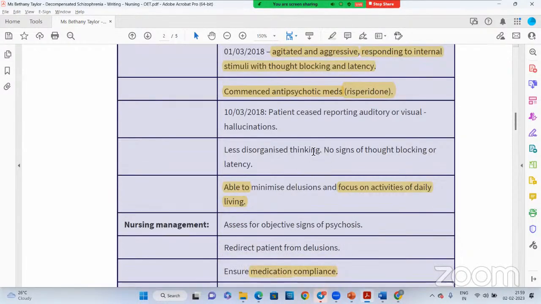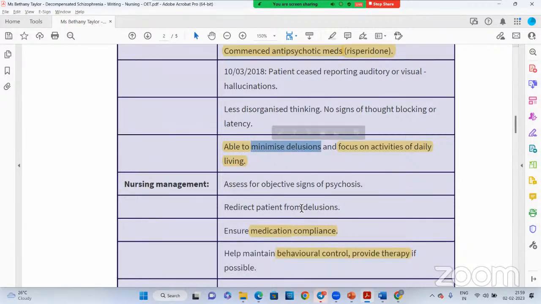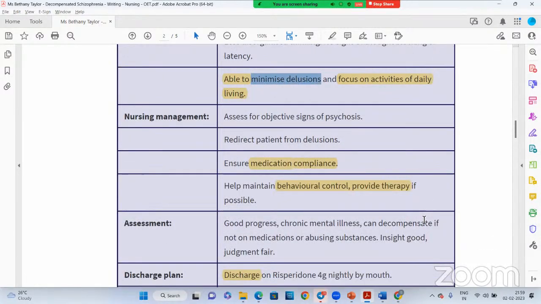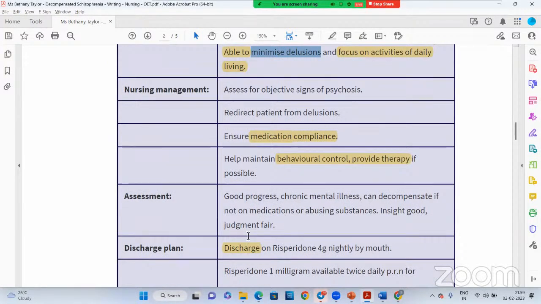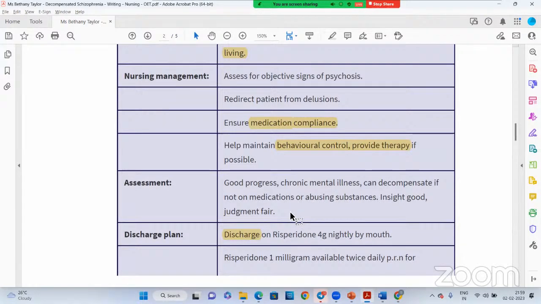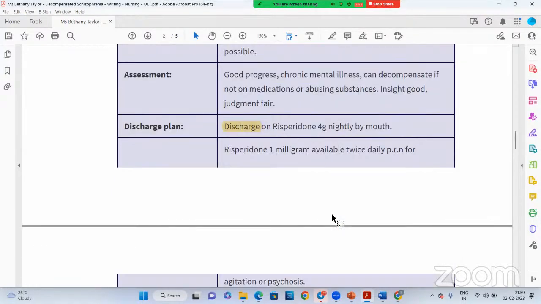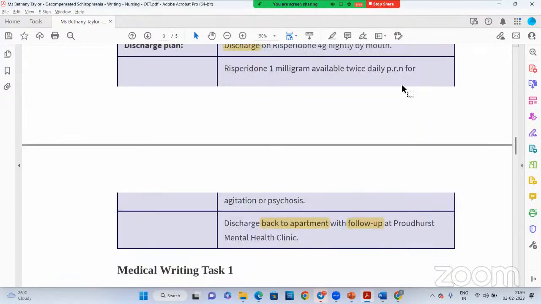No signs of thought blocking. Then minimized delusions.